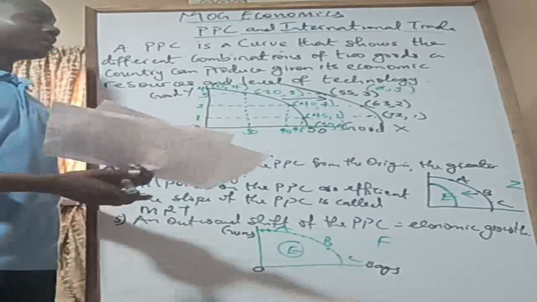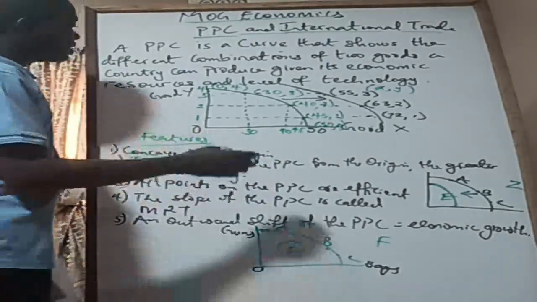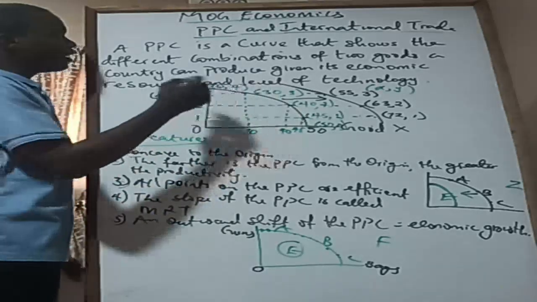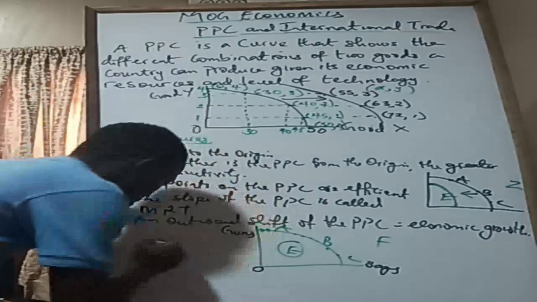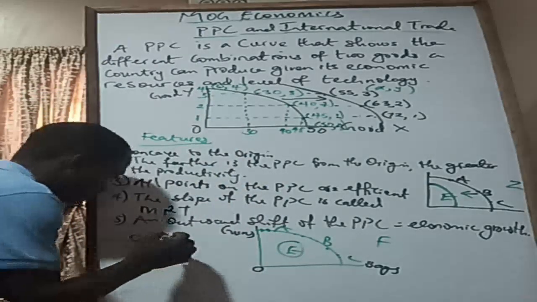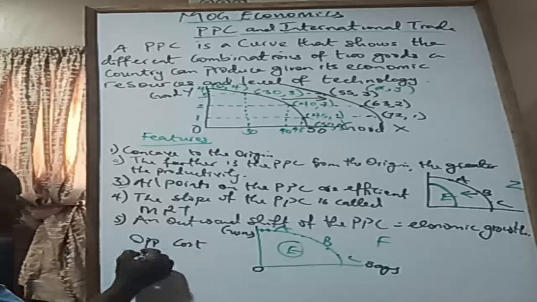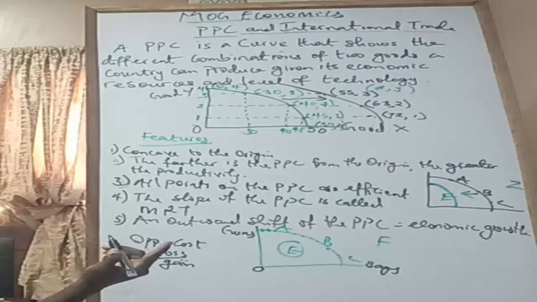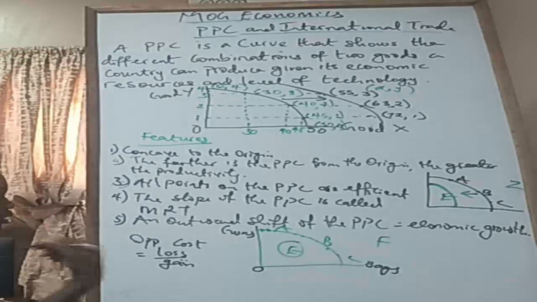Now if you look at moving between here and here, a way to get your opportunity cost is the formula: opportunity cost equals loss over gain. That is the amount of the next best alternative that you are giving up, divided by the amount of the commodity you are gaining.